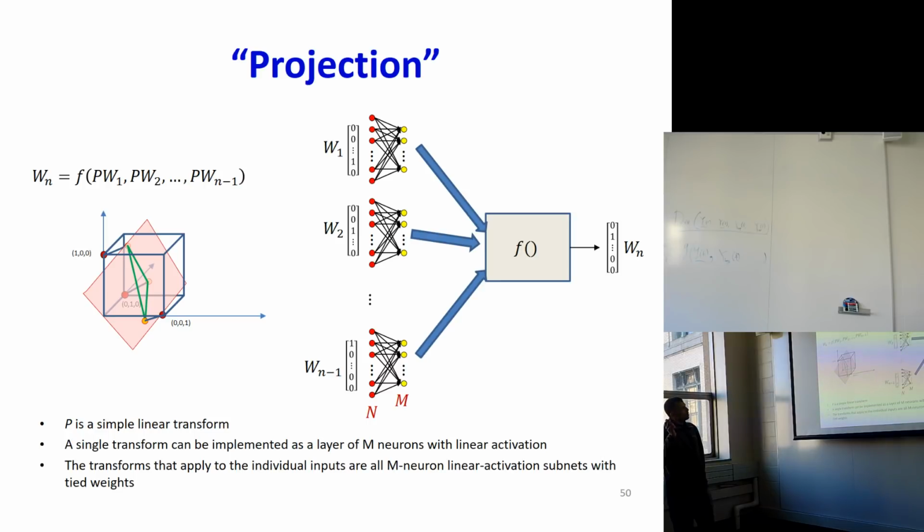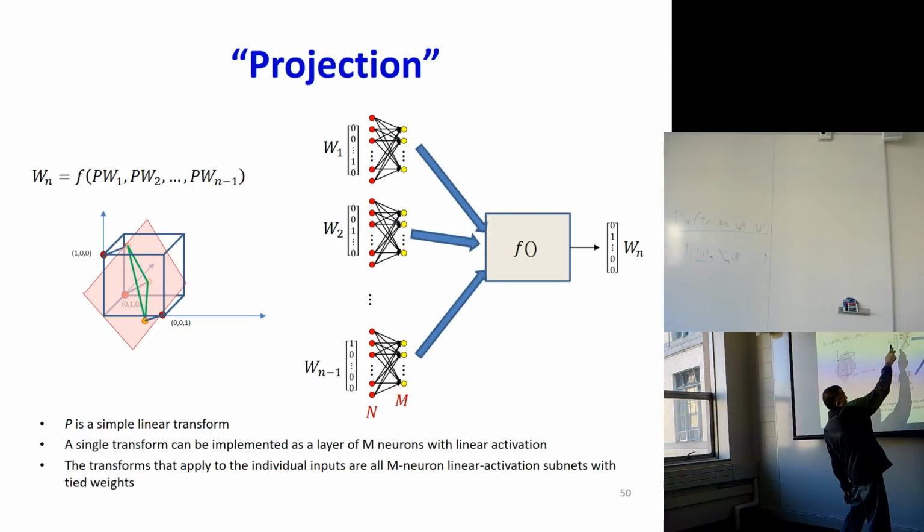Now, if P is a matrix, I can represent it as a single one-layer neural network with linear activations, exactly what a matrix operation is. And if the same P is being applied to every word, then all of these networks are identical.